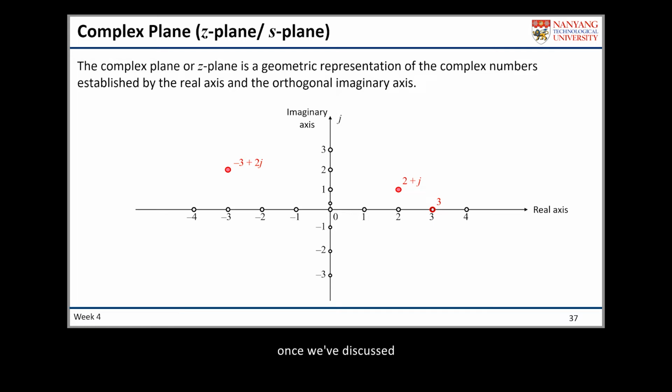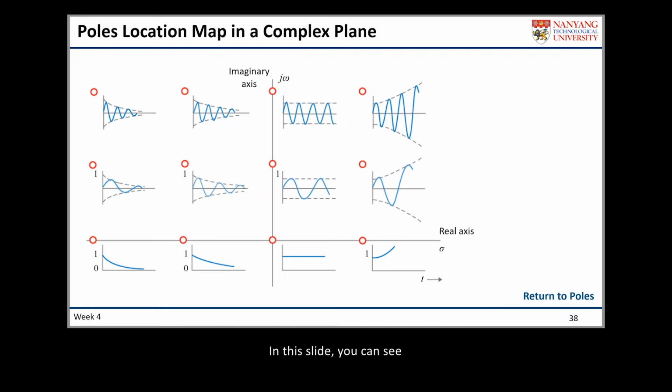Now, once we have discussed the S-plane, we can discuss the effect of pole location on the stability of the system. In this slide, you can see what we call a pole location map. This map will tell you how the system will behave if you have different locations of your poles.